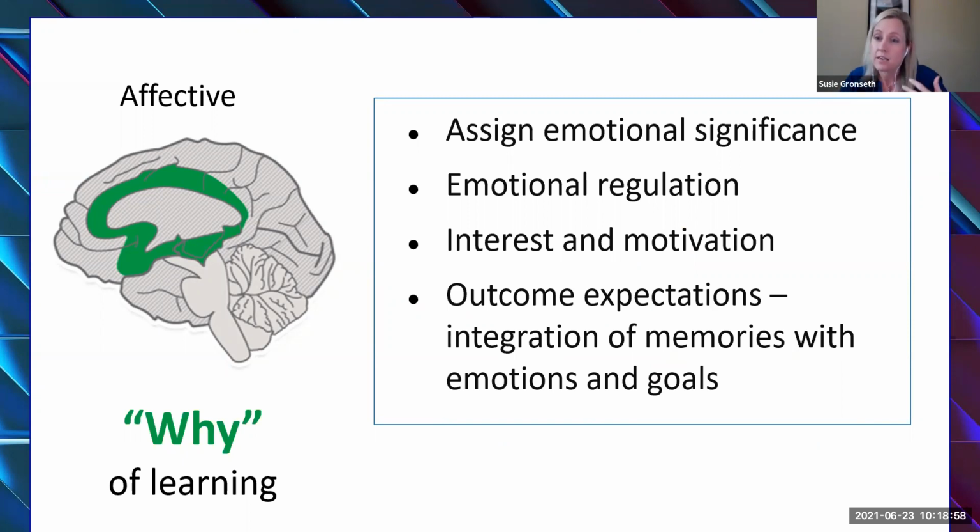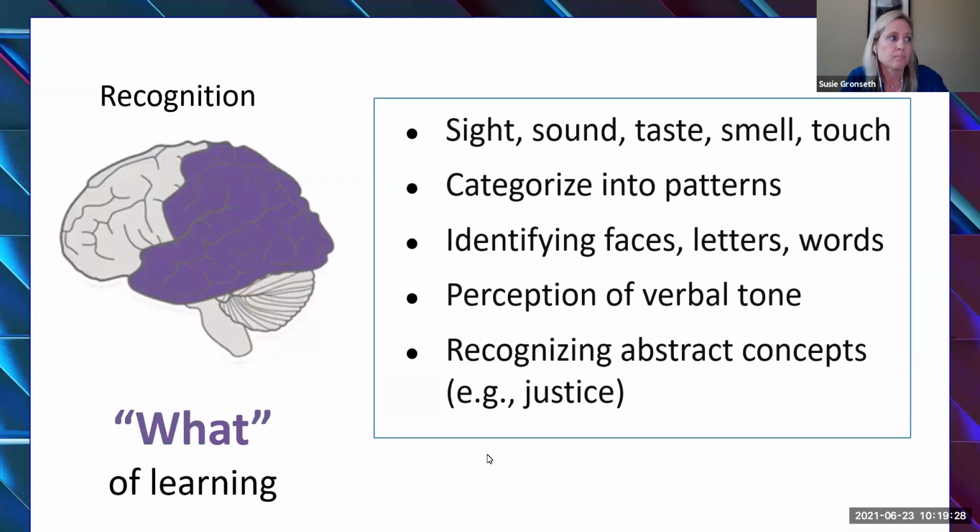This is connected to motivation and varied ways that people might have their interests piqued and then sustained through that learning experience. It's also where we have outcome expectations. So what do they think they are going to get out of this experience, and how that's going to integrate with prior memories and emotions and goals. That's the affective network that we're tapping into.